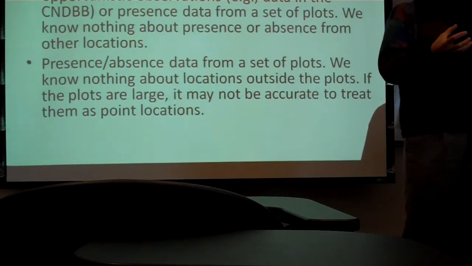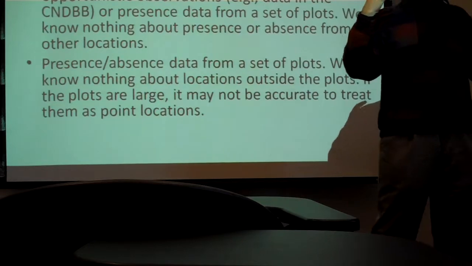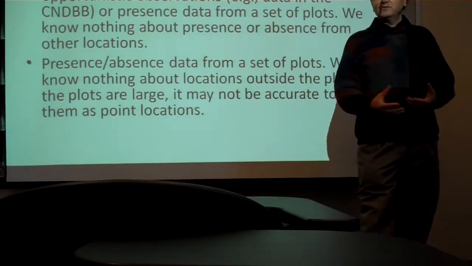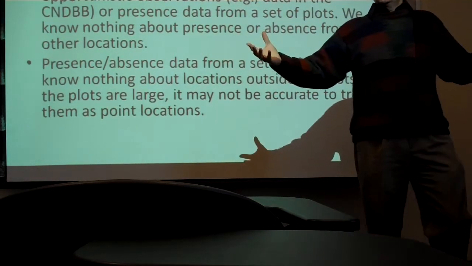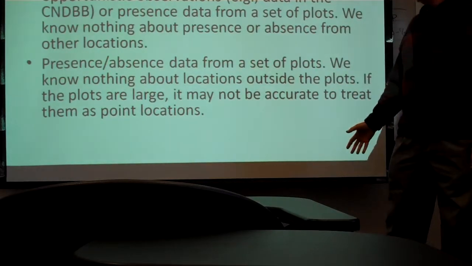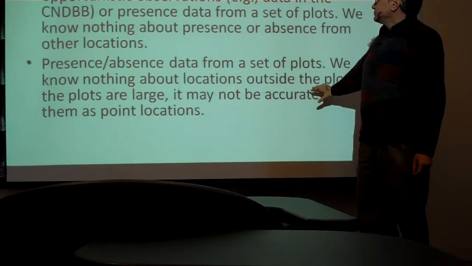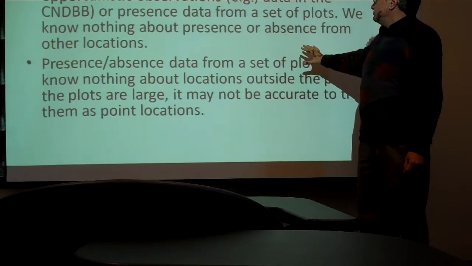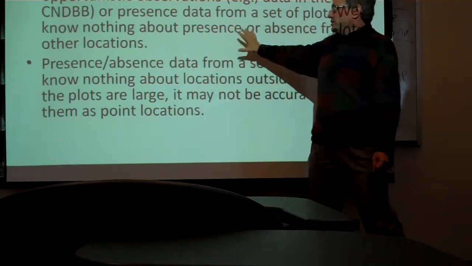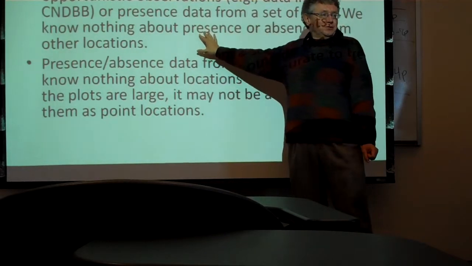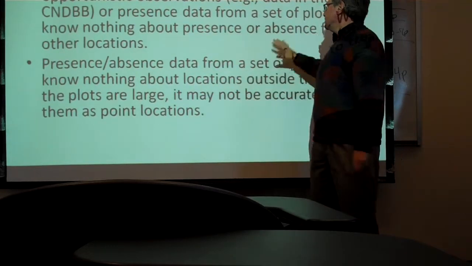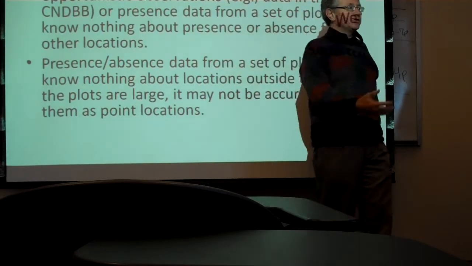And so there's a location and an observation. That California condors were in this particular location at this particular time, but you don't know whether another individual was present somewhere else, and we don't necessarily know about absence for other locations.